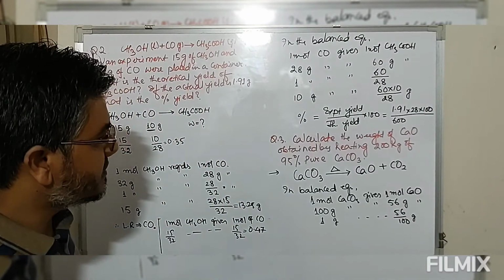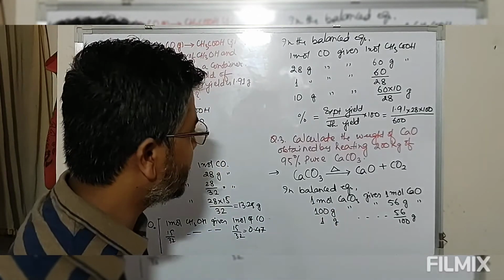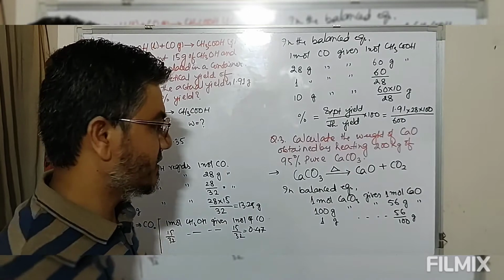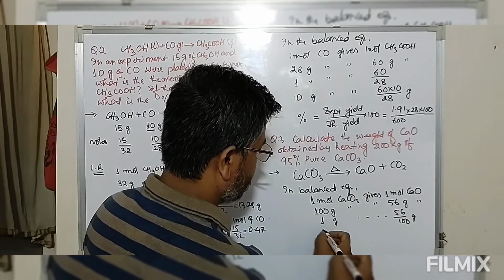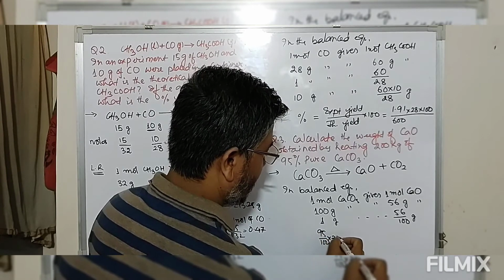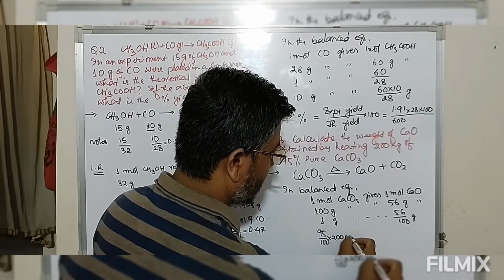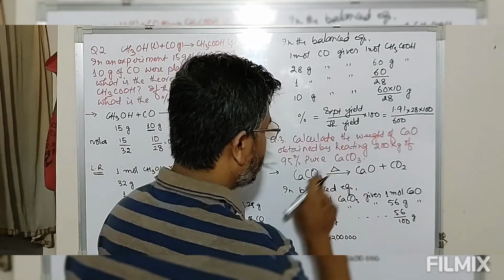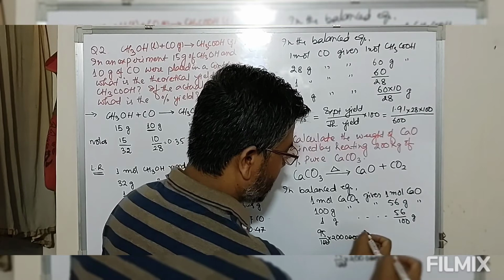Now look at this. What is the mass of calcium carbonate present here? That is 95% of 200 kilogram. So this is kilogram. So 95% of 200 kilogram. So this cancels out.